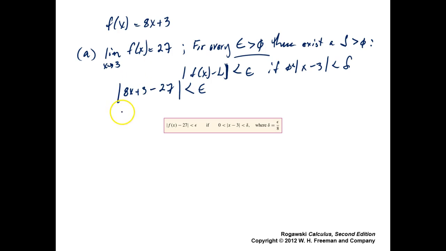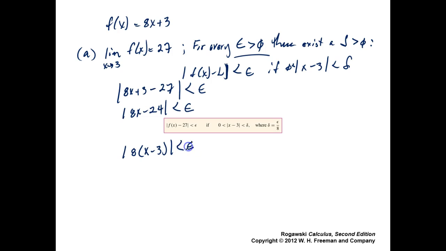Well, that's not hard to do, is it? This would be absolute value of 8x minus 24, right? Less than epsilon. You choose as small an epsilon as you want. We want to guarantee that's in there. Well, we can do this: 8 times x minus 3, right?